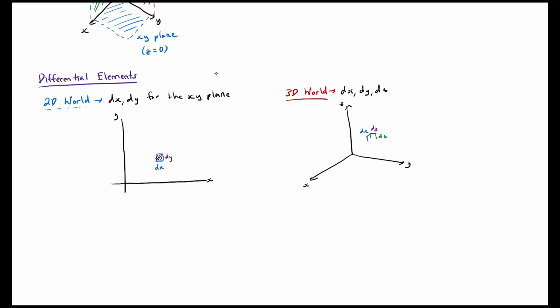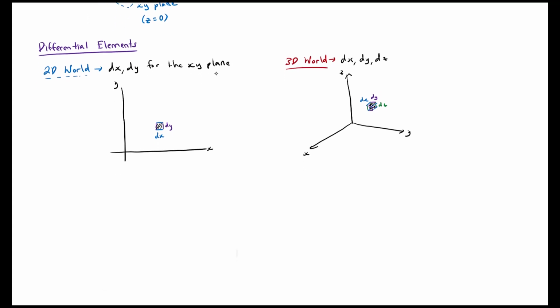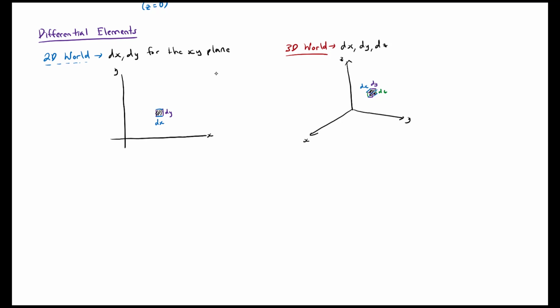So that would mean we have all of these to consider. Creates a little volume. And that tiny little cube, or that tiny little volume, is going to be our differential volume element. So we can use tiny little pieces and tiny baby steps like this to be able to perform integrations to figure out either surface areas or volumes of the entire object that we're looking at.